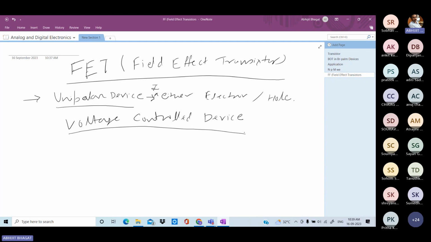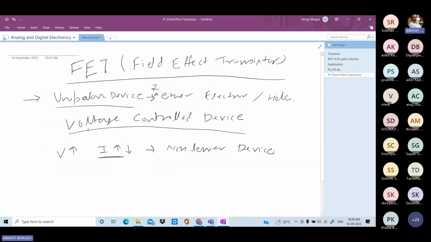Non-linear device means if the voltage is increasing, that doesn't mean your current is also increased. It may be increased, it may be decreased.